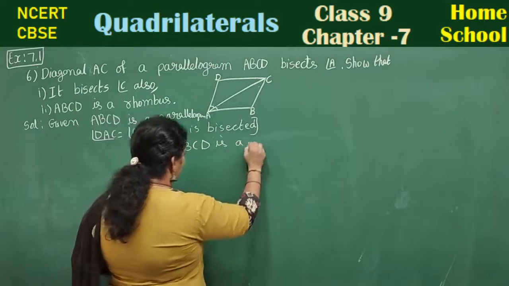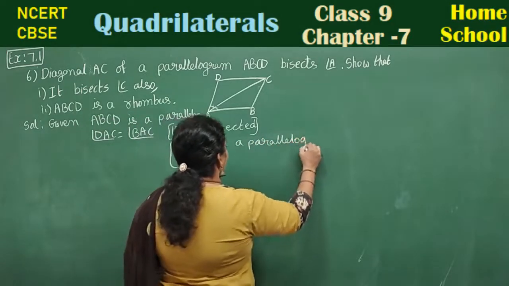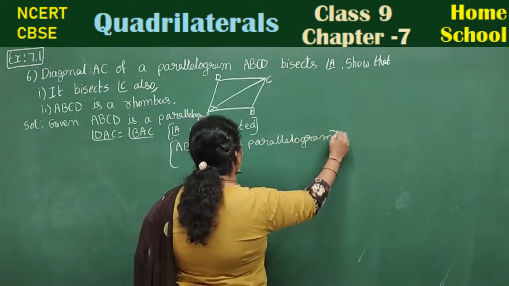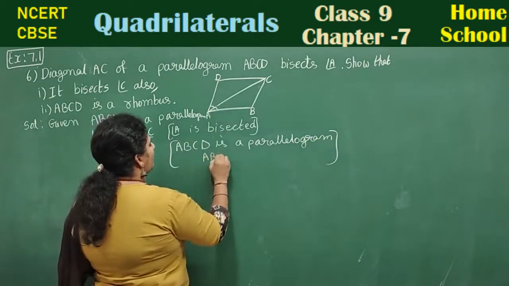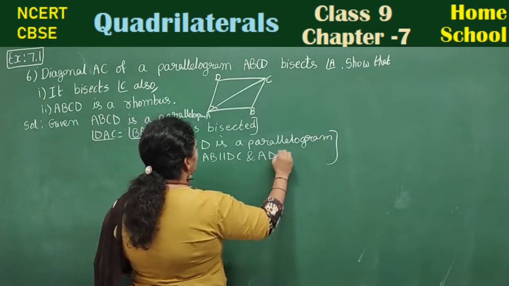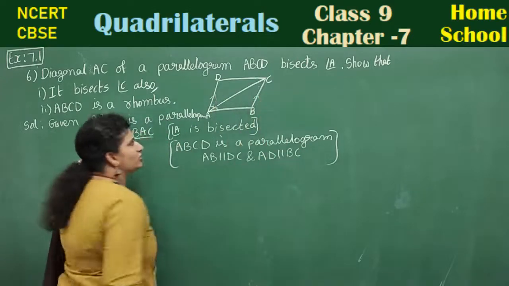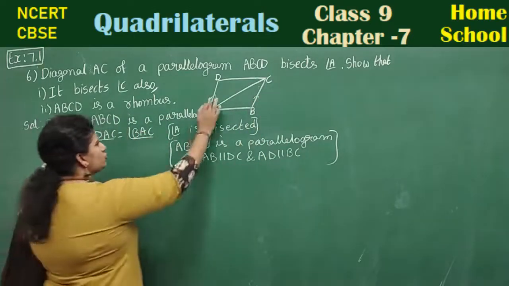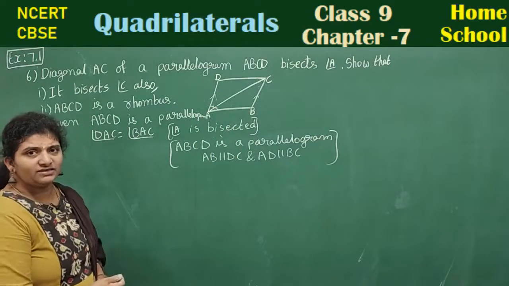Now, I can say that if ABCD is a parallelogram, opposite sides are parallel. AB parallel to DC and AD parallel to BC. Now I take AD parallel to BC. If these two are parallel, can I equate their alternate interior angles?